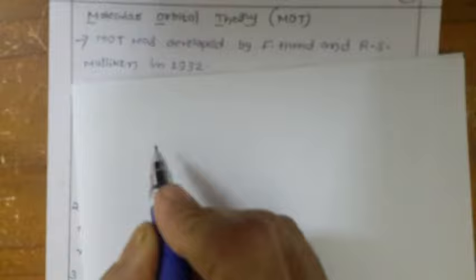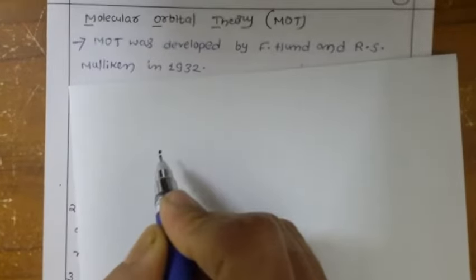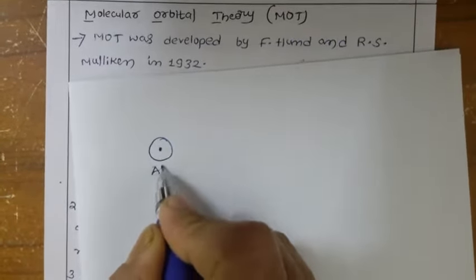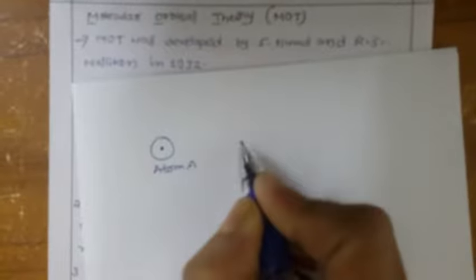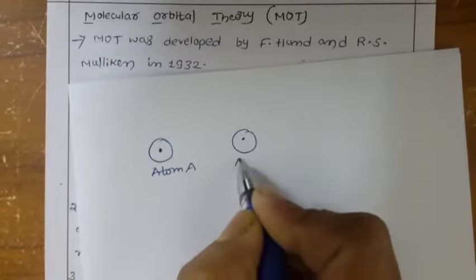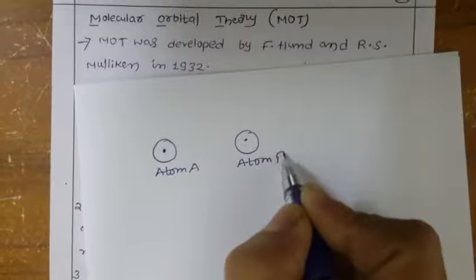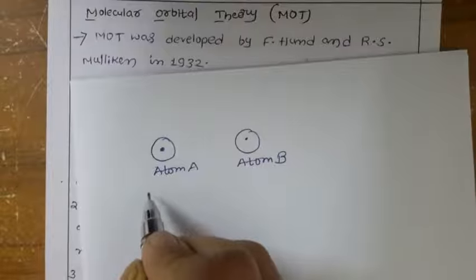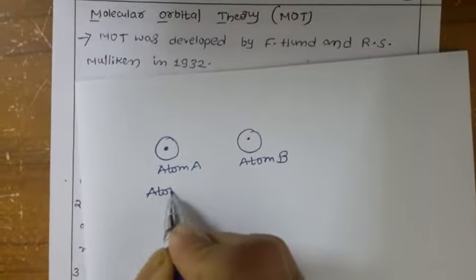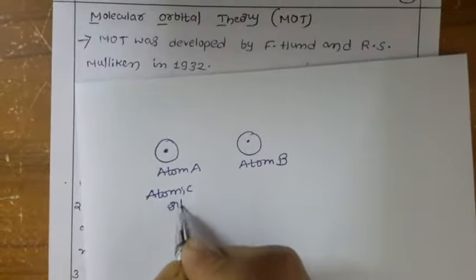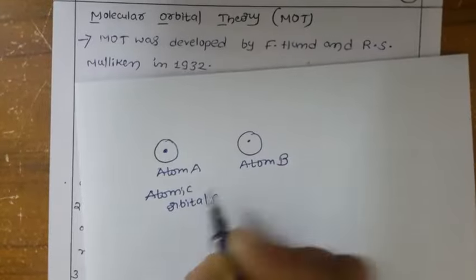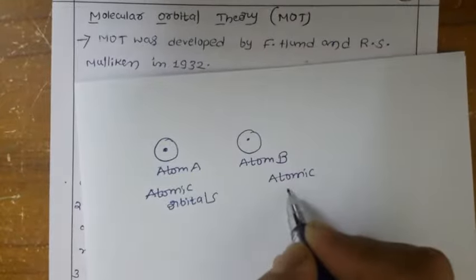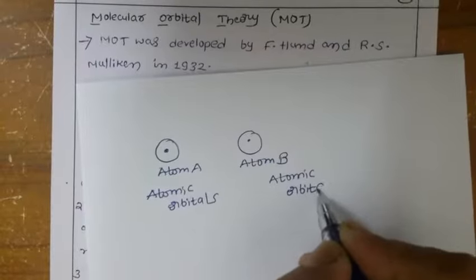For example, we have atom A and atom B. For each atom, the electrons are in atomic orbitals.